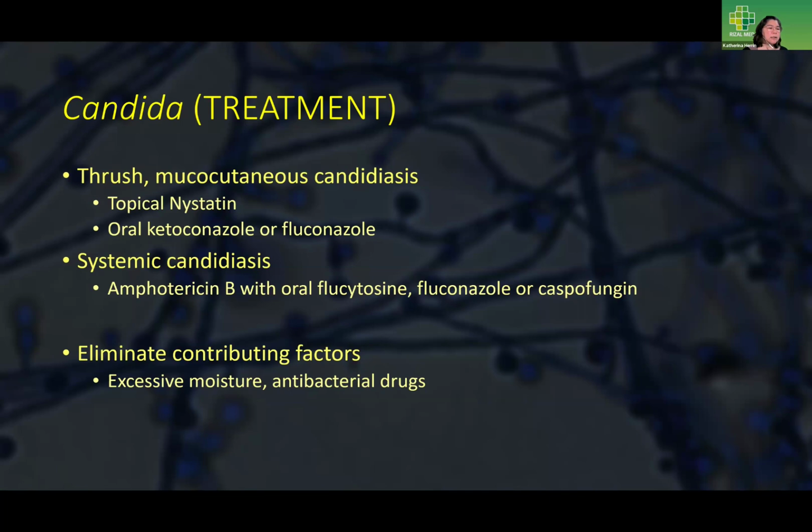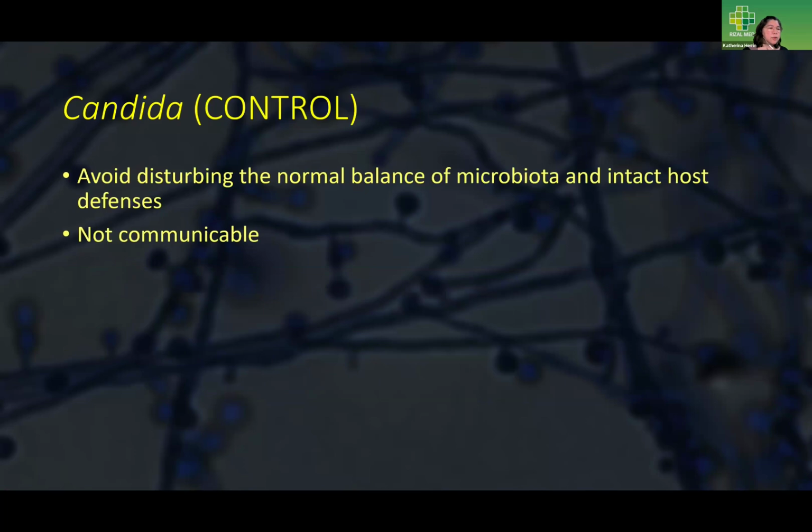Systemic candidiasis is treated with amphotericin B, with or without oral flucytosine, fluconazole, or caspofungin. The most important preventive measure is to avoid disturbing the normal balance of microbiota and to keep host defenses intact. Candidiasis is not communicable since virtually all persons normally harbor the organism.